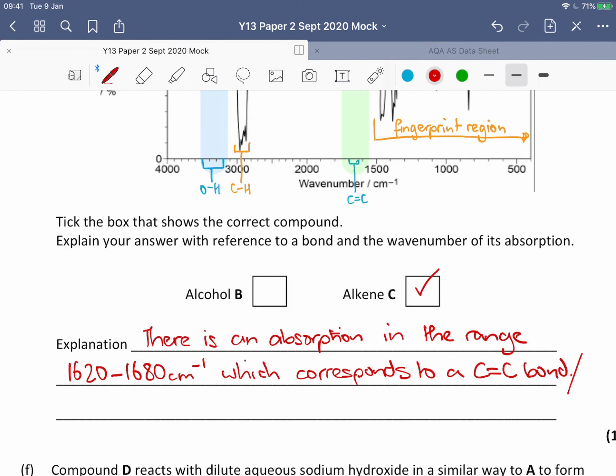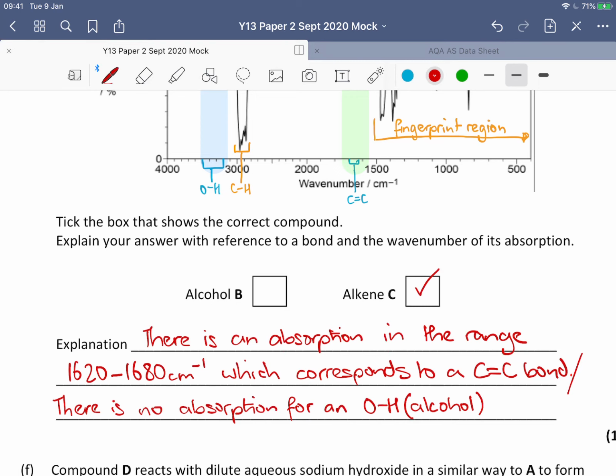The alternative is there is no absorption for an OH, and every time you say OH in infrared, you must say whether it's an alcohol or an acid. If you just write OH, you are wrong.